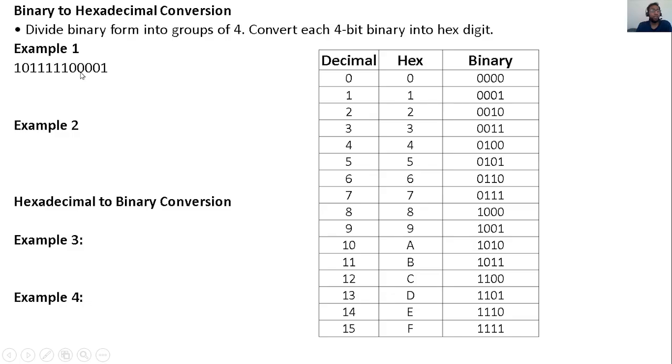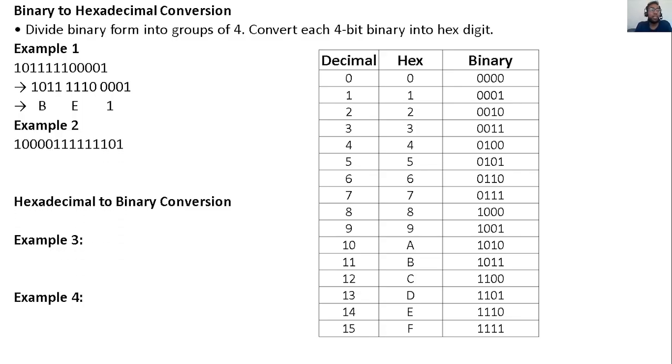We separate this group. Then we have 1110 as the second group, and 1011 as the third group. Each group represents a hexadecimal digit. 0001 represents 1, 1110 represents E, and 1011 represents B. So this is BE1.